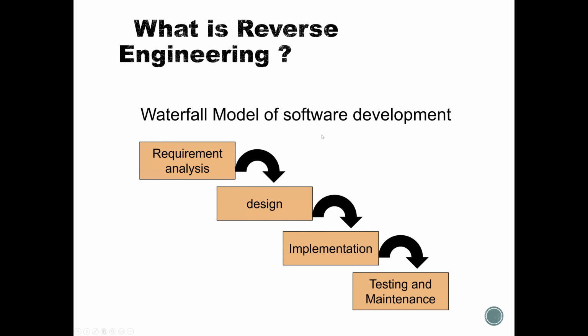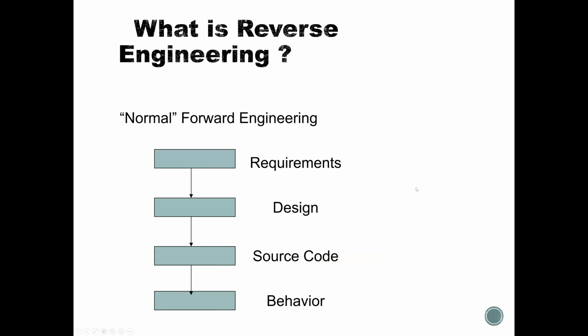So this is basically the simple steps which we follow in the waterfall model. This is also called normal forward engineering, in which we start from capturing the requirements for a particular software, then we go into design, and finally we write code, and by the end of the schedule we have a software which is going to perform certain functionality for which the entire software was written.